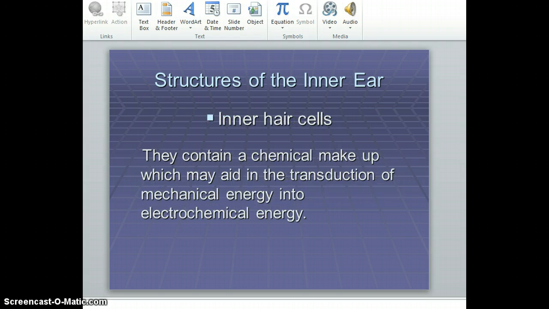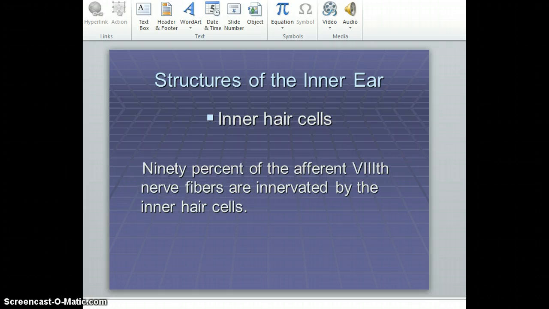Okay, inner hair cells, they contain a chemical makeup which may aid in the transduction of mechanical energy into electrochemical energy. Also, 90% of the efferent 8th nerve fibers are innervated by the inner hair cells.